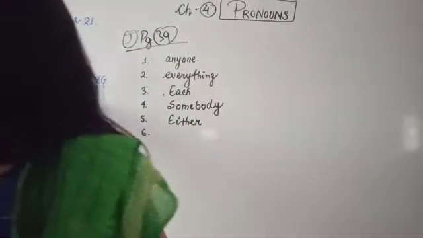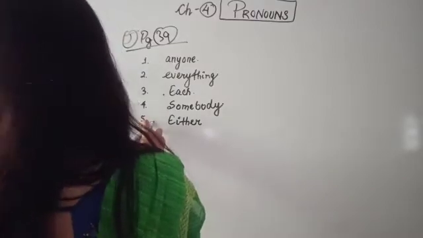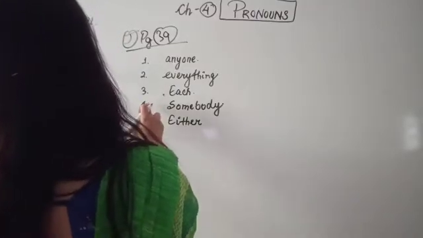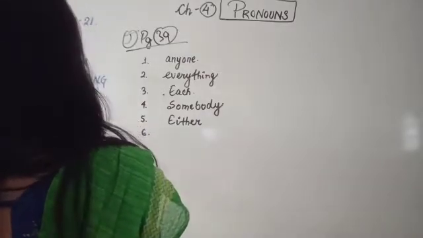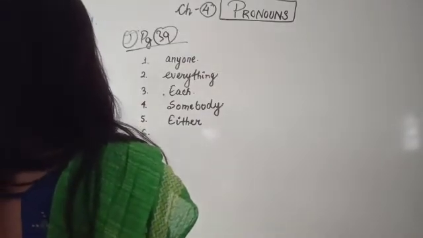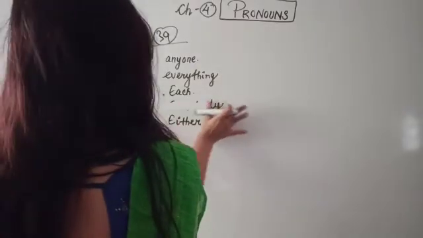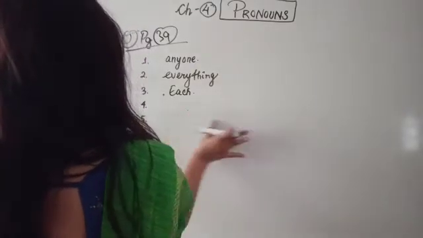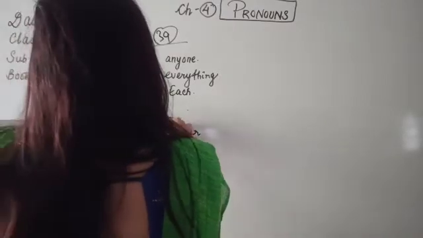Number 6, dash of, okay, 6 was this only, I think. 5 was something else. Okay, I think I missed a question. Yes, I missed the 4th one. This is either. This is somebody.